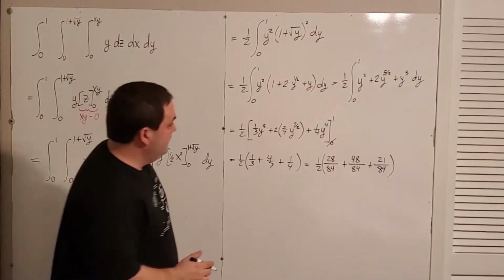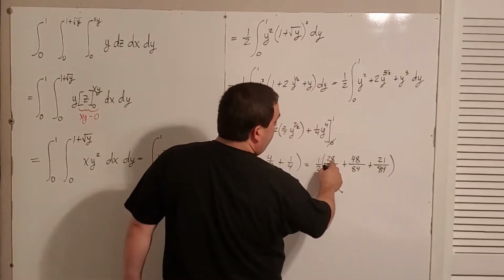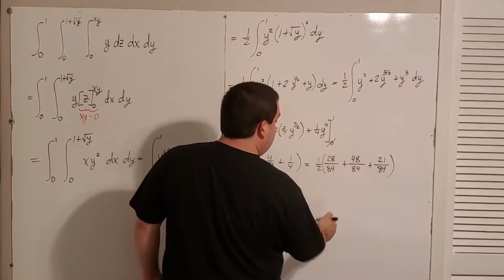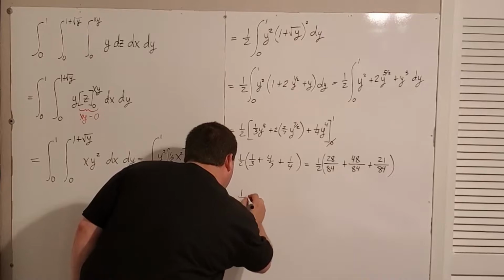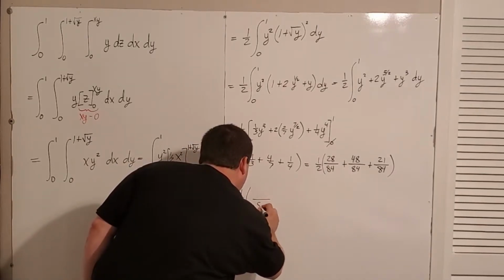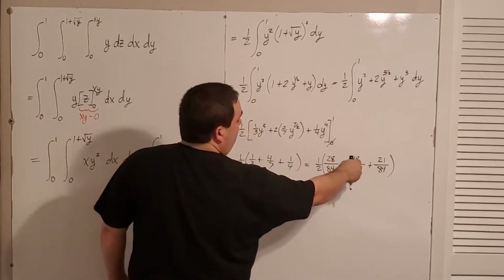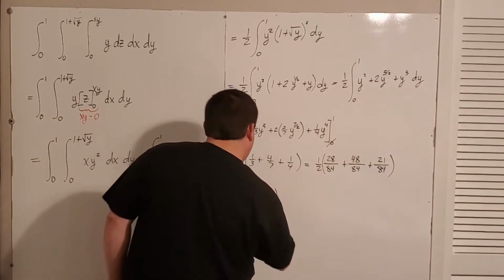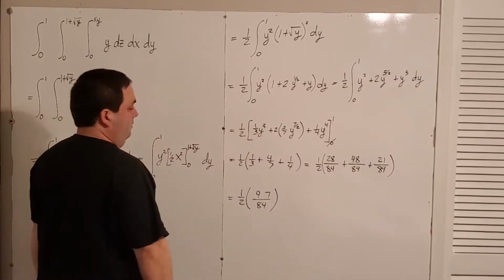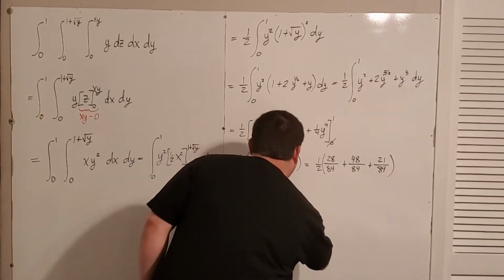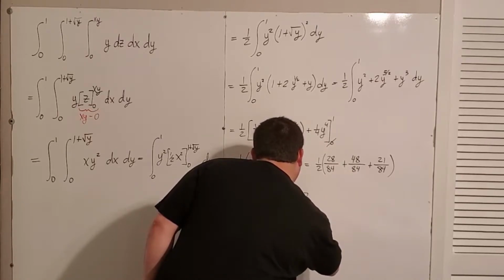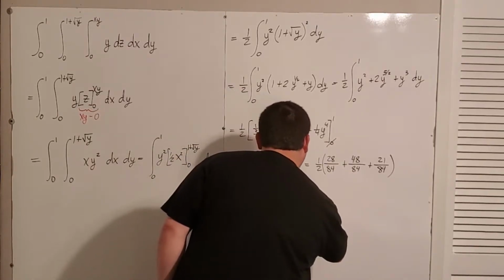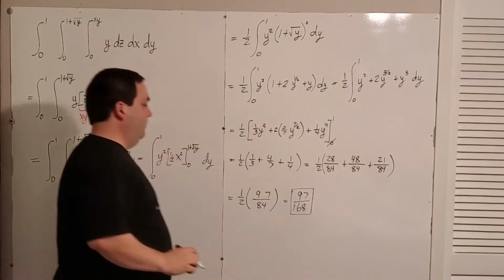Okay. So let's add all these up. I get 16, 17. Right, 17, carry, 97. Okay, so then I've got 97 over 168. Right?